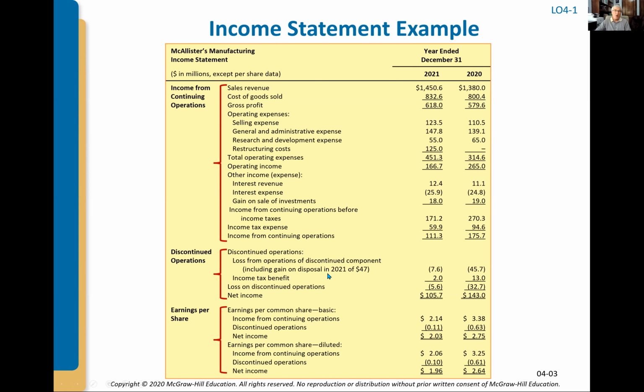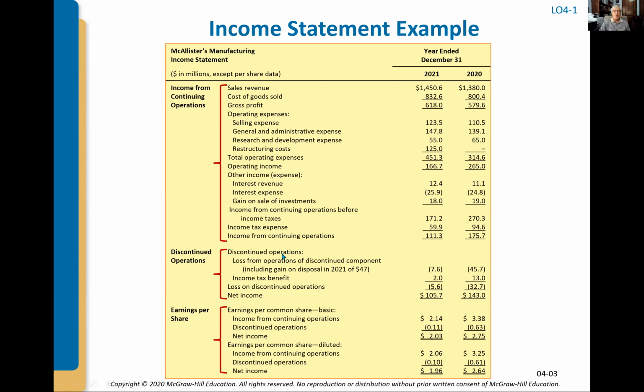So maybe a large multinational corporation is going to sell off one of their business segments. Generally they may want to do that because it's not profitable or doesn't meet their strategies anymore, but it's not going to continue in the future. However, there has been income or losses related to that business in the current accounting period.